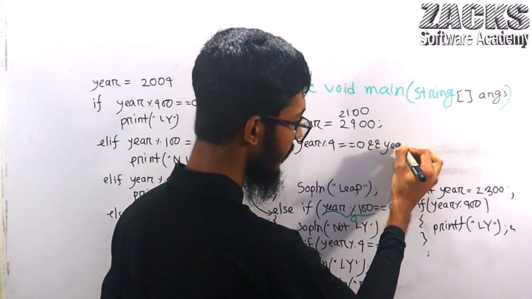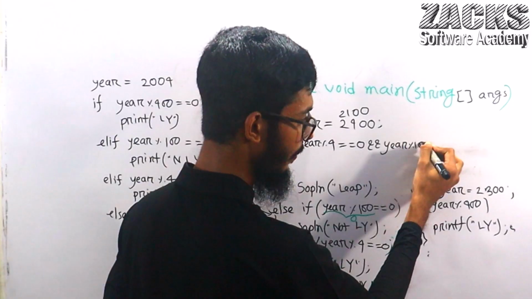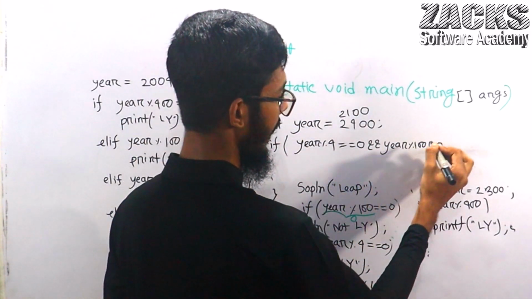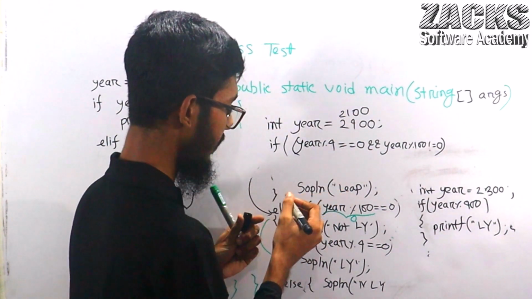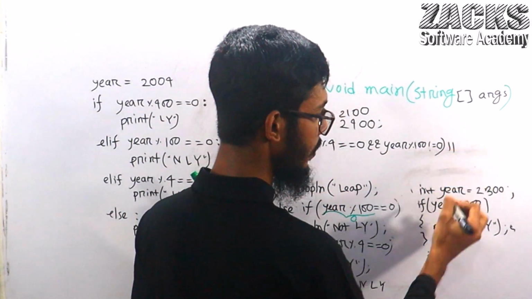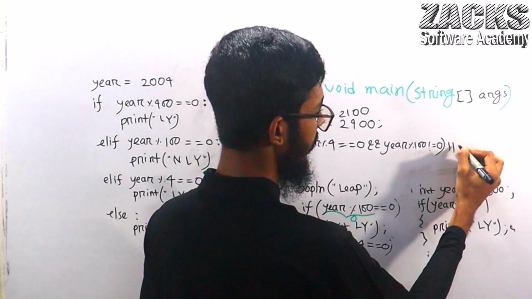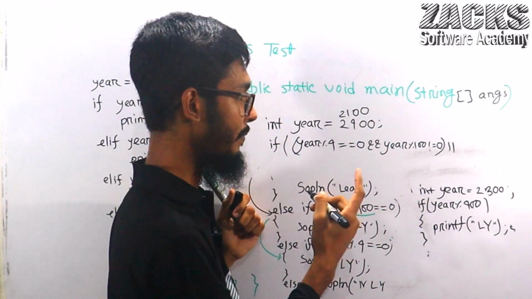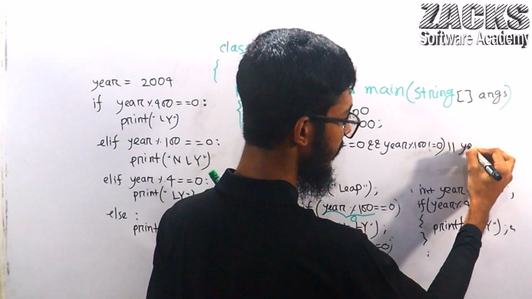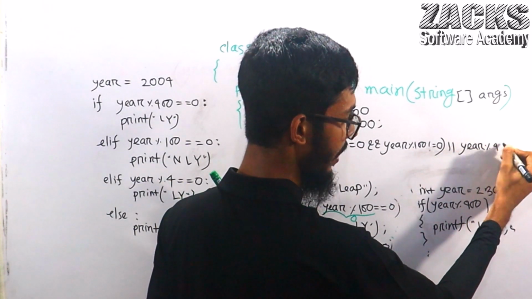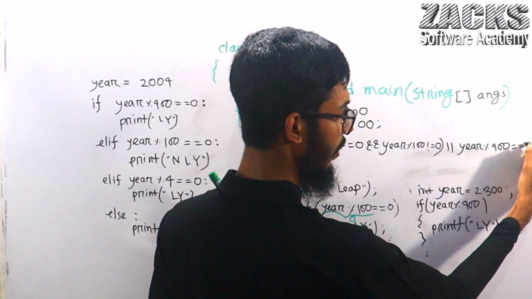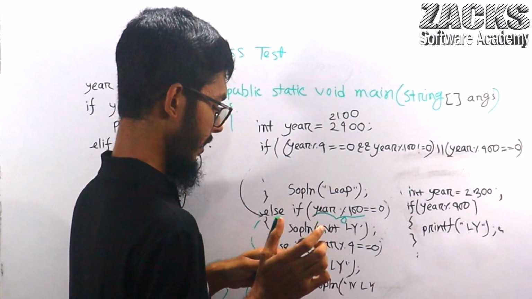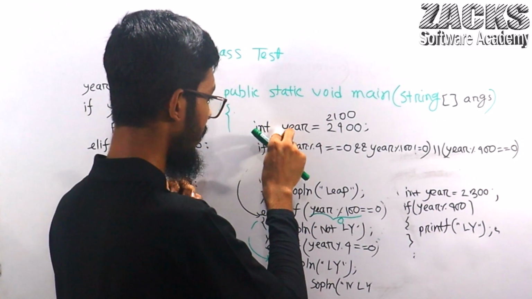Year is not divisible by 100 now. And or now, or what? Same in C and Java or C++, conditions are same, right? Already you know. Year is divisible by 400, right? Then also we can say this is a leap year, right?